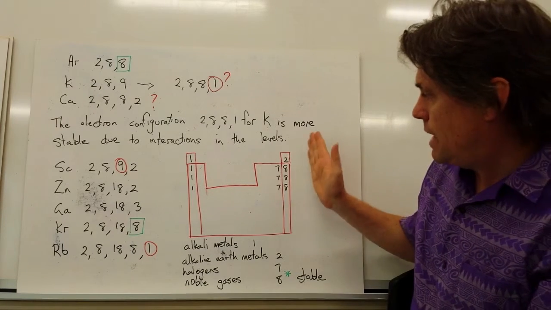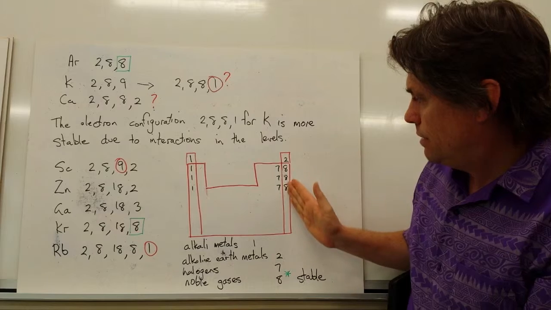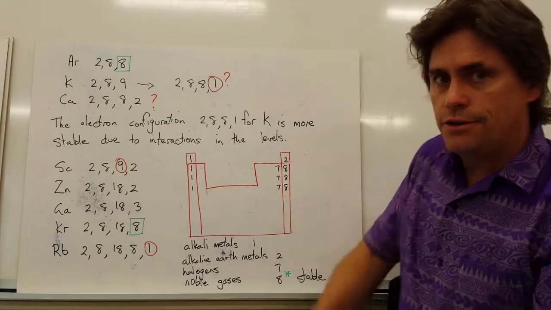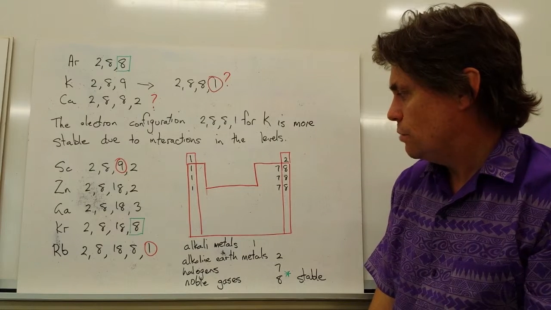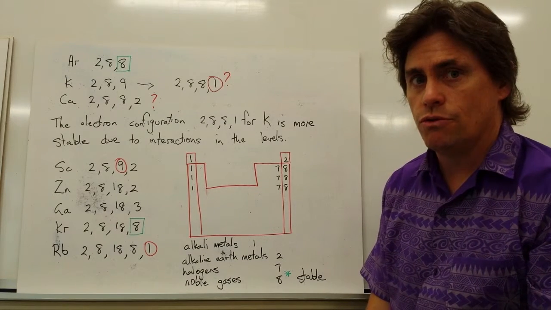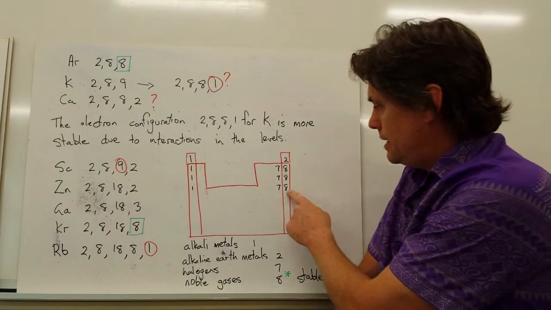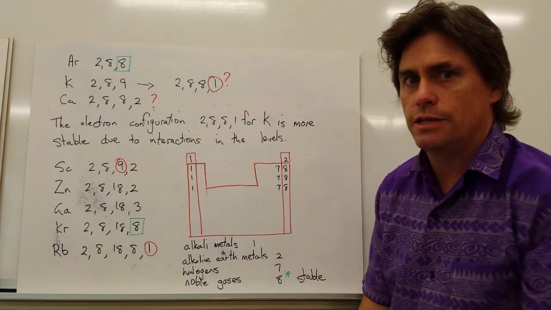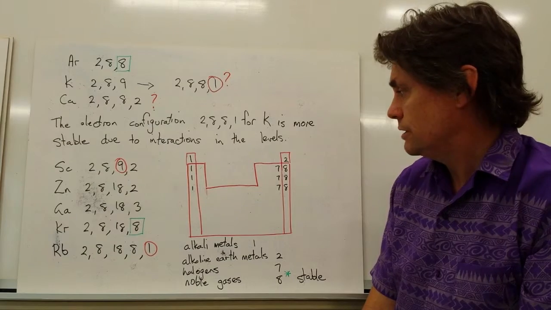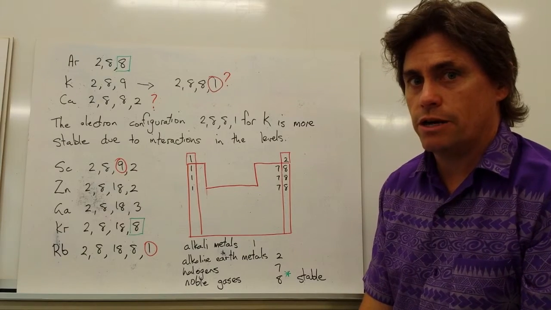So what does that mean? Well, on the far right hand side, we end in 8, our noble gases are very stable, they're not reactive. So the conclusion that we can draw from that is that this particular structure with 8 electrons in the furthest out energy level containing electrons is a very stable structure.